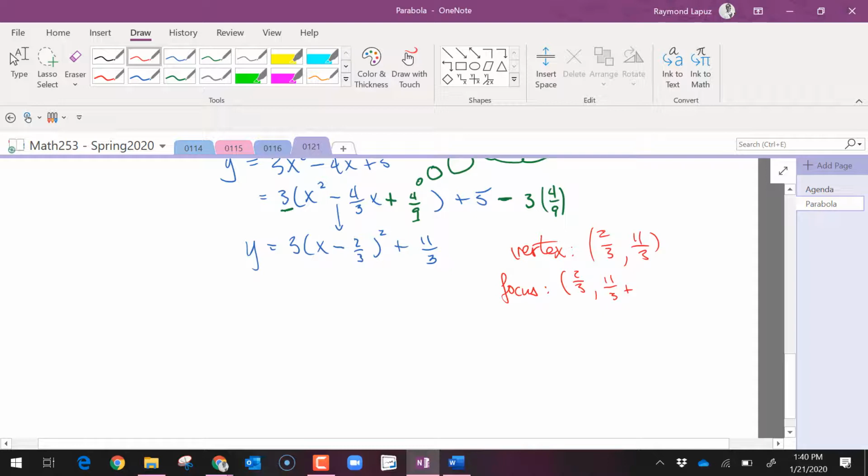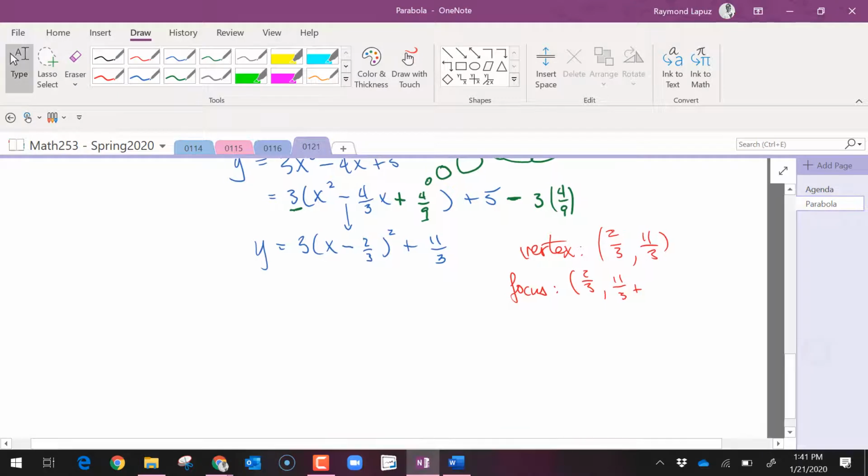It's opening upward, so it's a plus 11/3 plus 1/4 times a, more math, 5/12, 45/12. So it's 2/3, comma 45/12. Does that reduce? No.